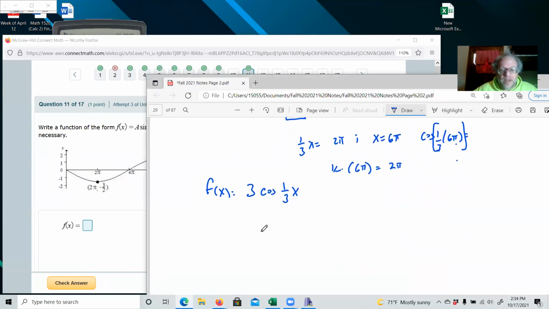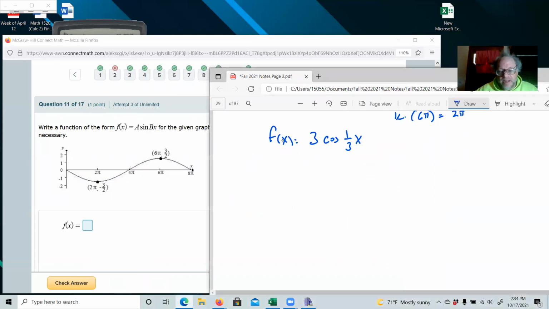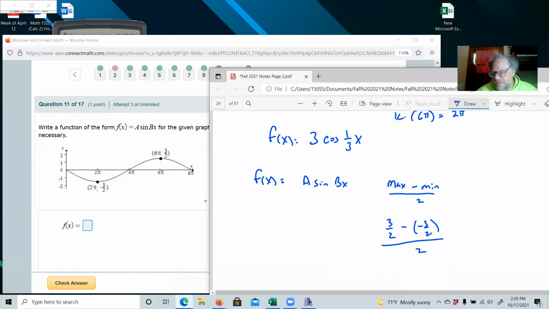So in this case, we have a sine this time. So we have f of x equals a sine bx. Again, our amplitude is going to be our max minus our min divided by 2. So our max is 3/2, our min is -3/2, divided by 2.